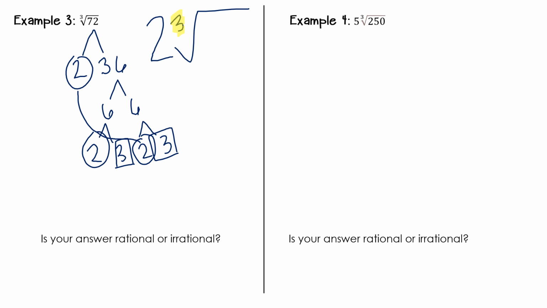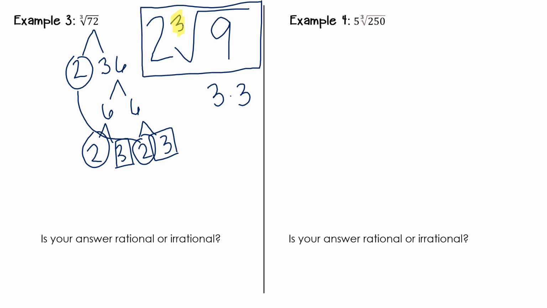Okay, it should just be a small 3. And then my singles go inside the house. Now I had 2 singles, a 3 and another 3. Whenever you have more than one, you multiply them together. So that would be 9. So my final answer would be 2 cubed root of 9. And this would be irrational because it's not a perfect square.